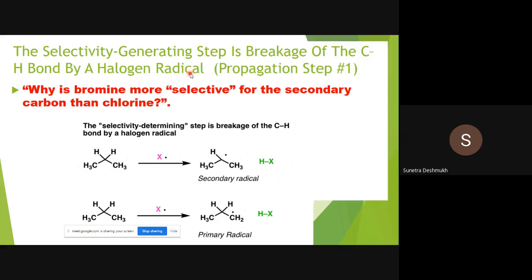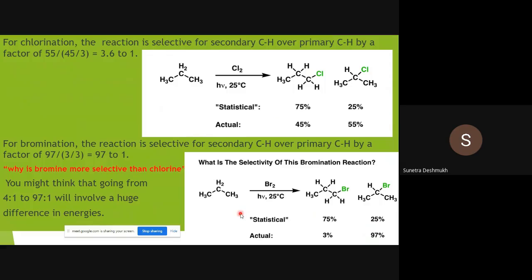So in the first step, what is happening? Why is bromine more selective for the secondary carbon than chlorine? Here in the first reaction you have observed that secondary halide formation is 97%. That means bromination is selective for the secondary free radical.